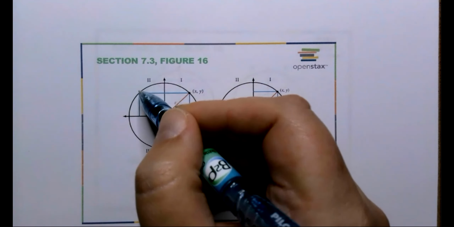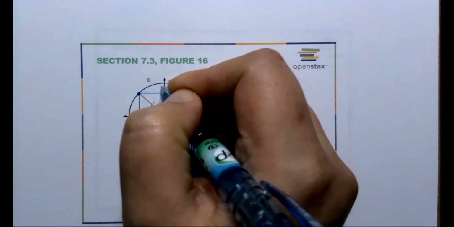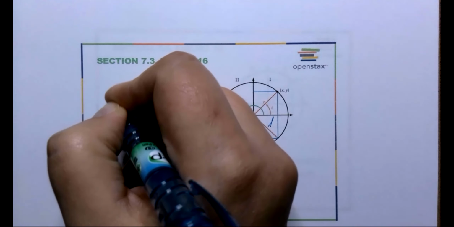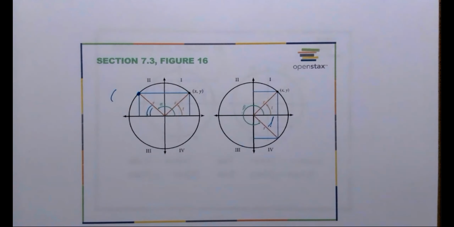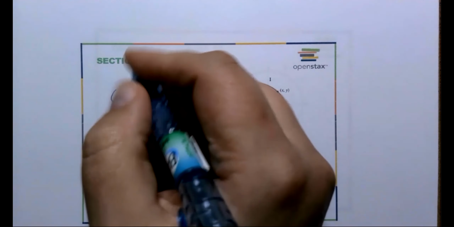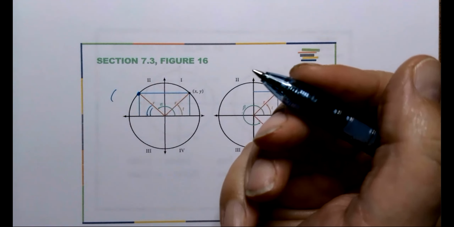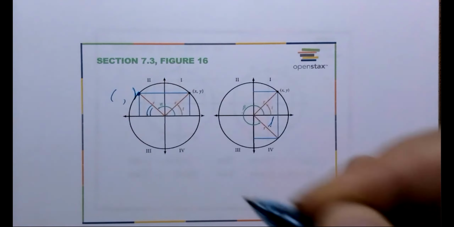Now, the point that the terminal side makes with the circumference of the circle has coordinates x, y, so cosine, sine. I'm going to leave it blank for now.